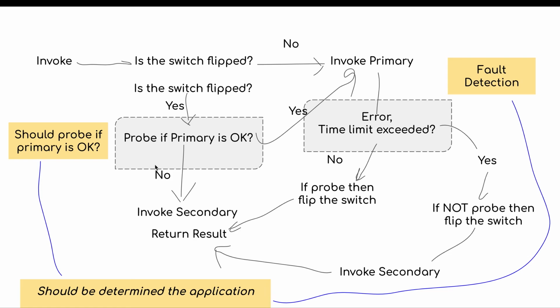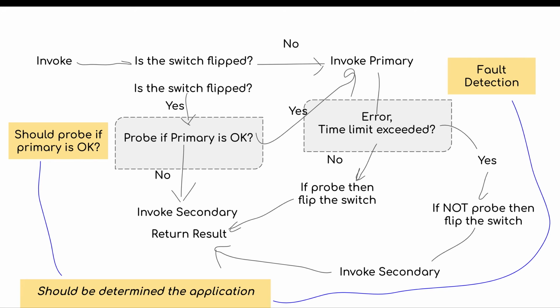Now the second part that we want the application to control is the decision about when to probe the primary. Should we probe the primary, and when to probe it? The application knows best when the primary could be okay again.